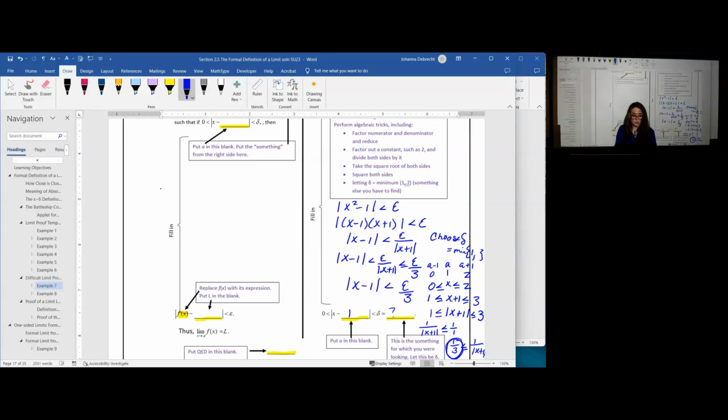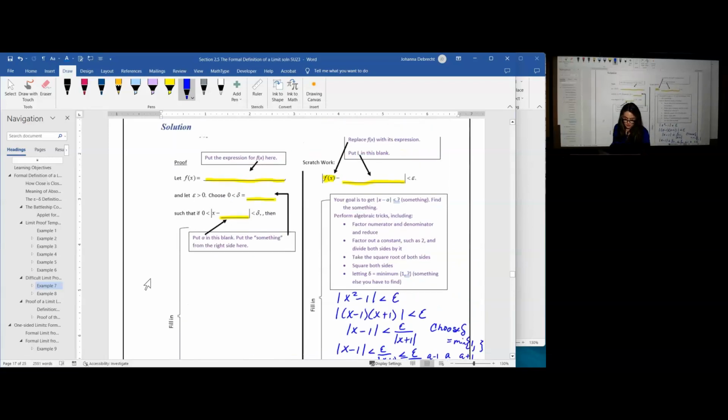Now I start the formal side of the proof. Coming up here, I let my function be represented by x squared and epsilon greater than 0. I choose delta greater than 0 to be the smaller value between 1 and epsilon divided by 3.